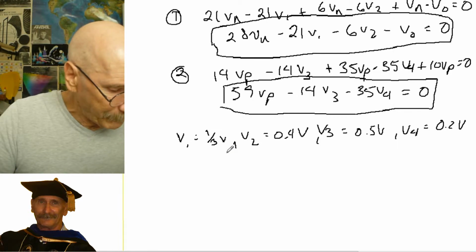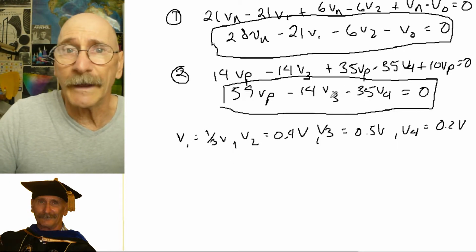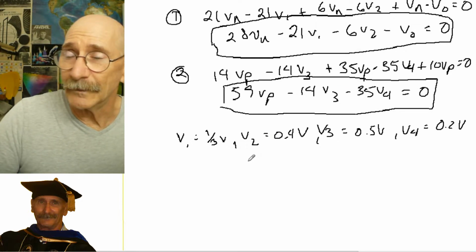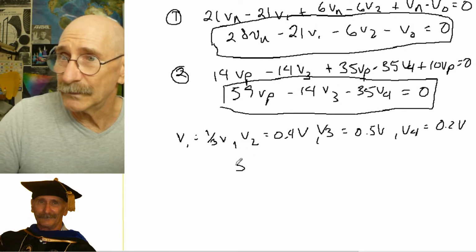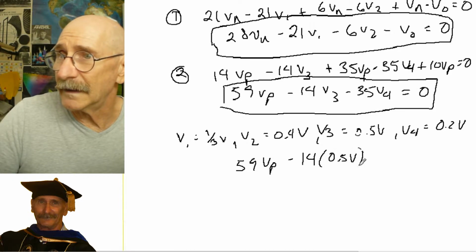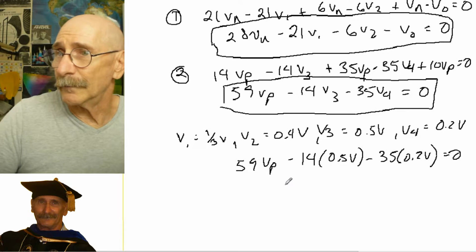The first place to plug this in is going to be into equation 2, because right away we can get a value for VP, and that'll give us one of our solutions. So we get 59 V sub P minus 14 times V3, which is 0.5 volts, minus 35 times V4, which is 0.2 volts, equal to 0.